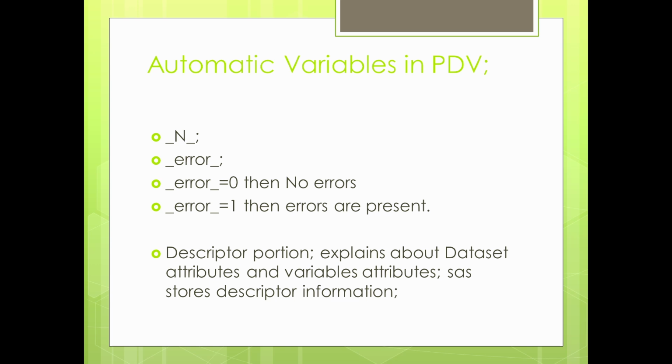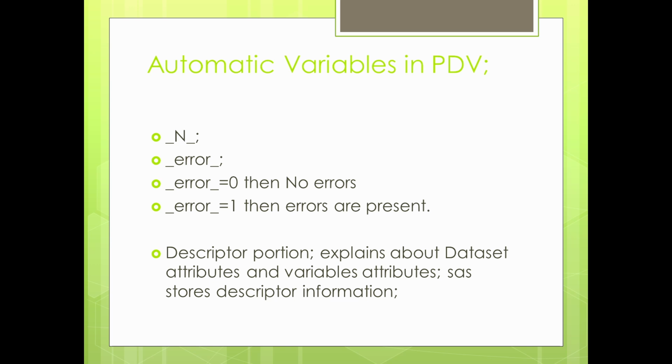About attributes we will discuss in the next class. But in addition to the variables present in the program data vector, there are a few automatic variables that are created by SAS itself: _N_ and _ERROR_. If somebody asks you what the automatic variables in the PDV are, the answer is _N_ and _ERROR_.